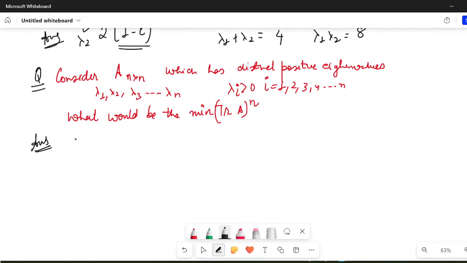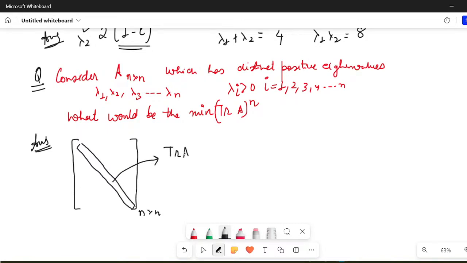Okay. So if I'm considering a matrix A which is n cross n, then you see the trace of this matrix can be written as the sum of the eigenvalues, isn't it?